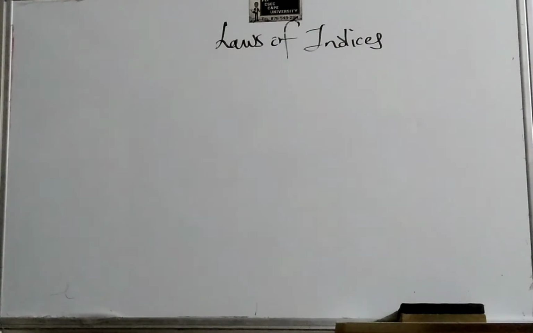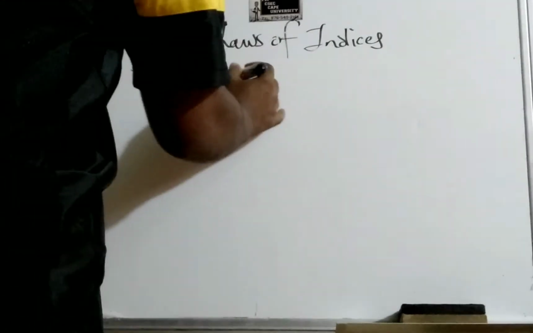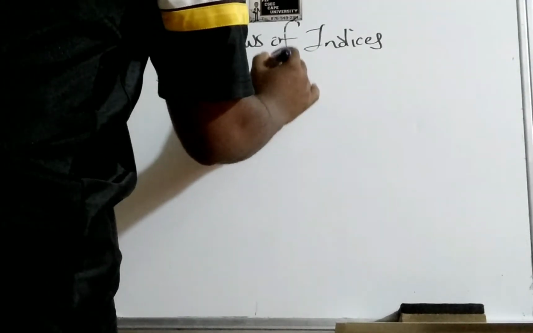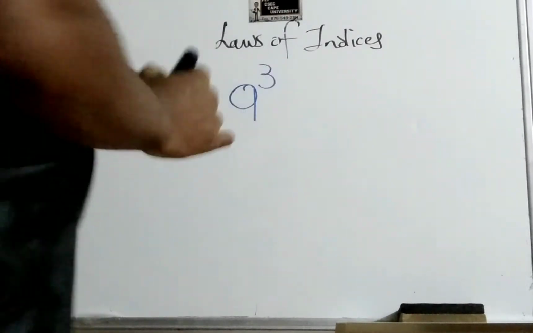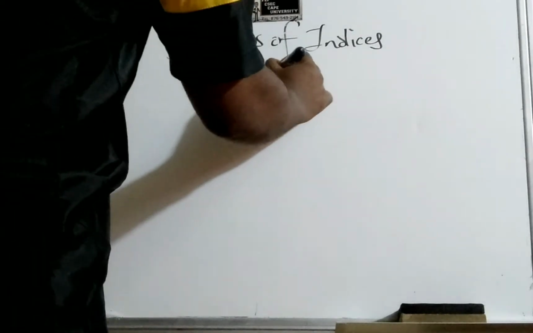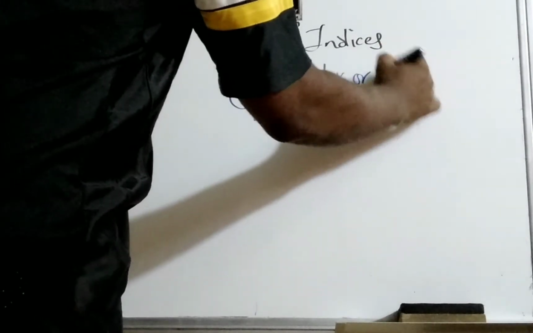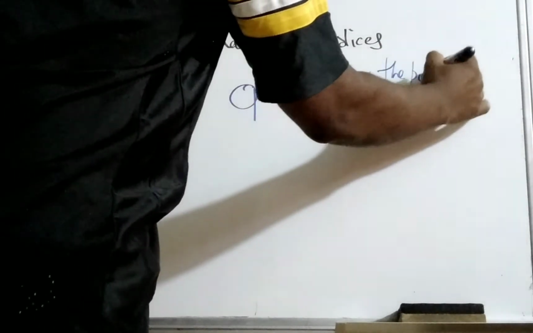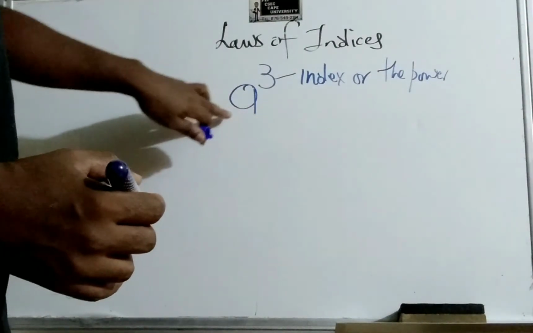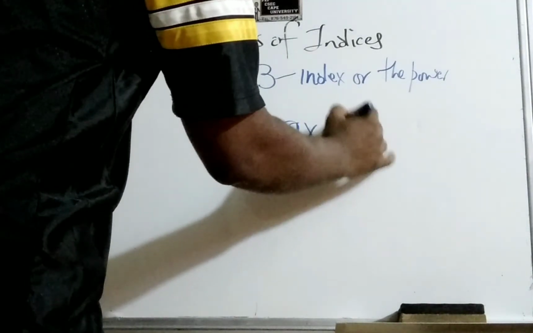Alright, let's begin. The first thing we must know is that, say A represents a number and it is raised to the power 3. This right here is known as the index or the power. What it means is that whatever number A represents, it is A times itself 3 times.